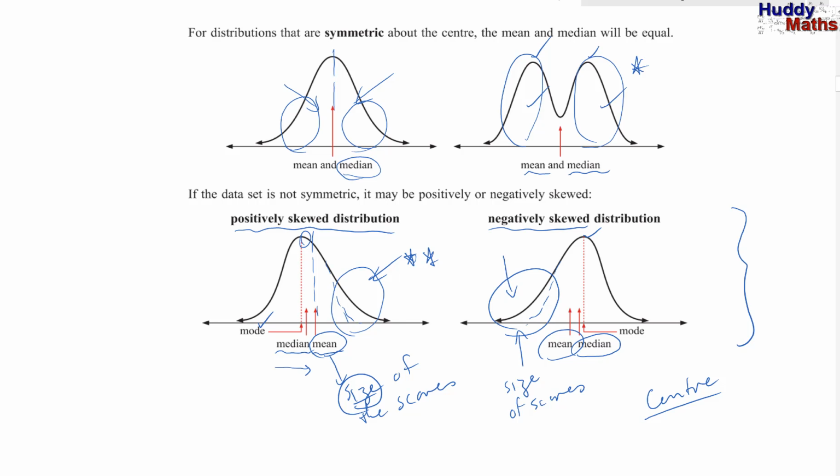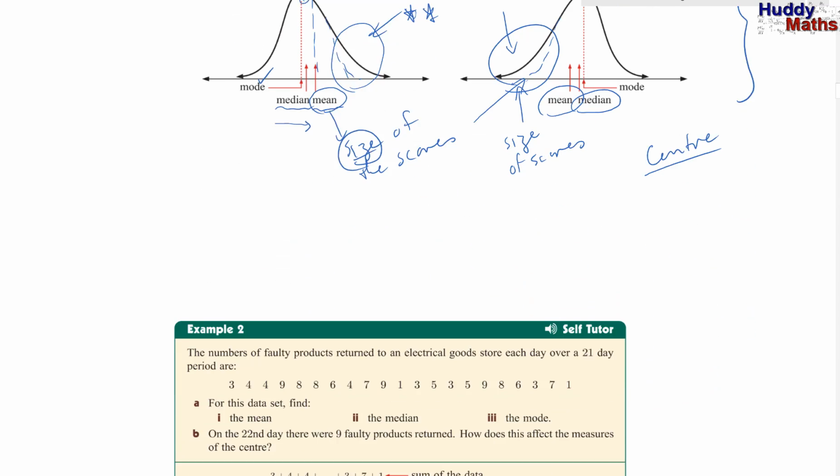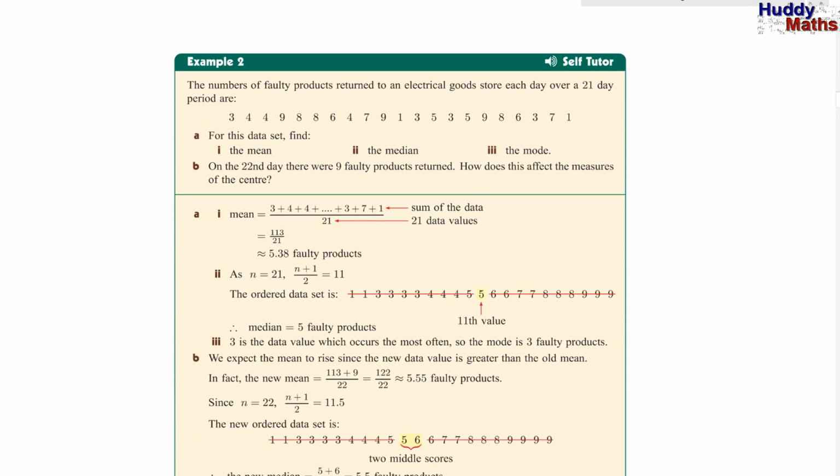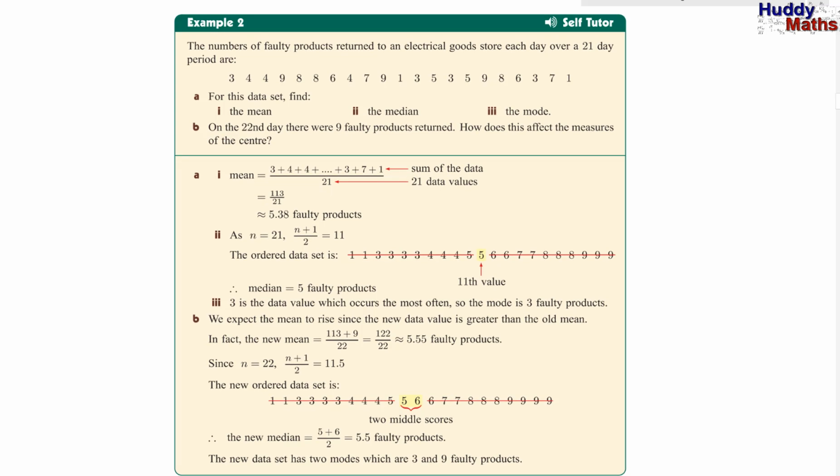Do you want to give them a measure that will be slightly pulled one way or the other because of the size of the scores, that's the mean, or would you rather give them the median? An interesting question, isn't it? So this question gets quite difficult if you haven't got a symmetrical distribution. All right, let's come down and have a look now. What we're going to do is a little bit of investigation. I'll leave the answer to that question till the end of the presentation, actually.